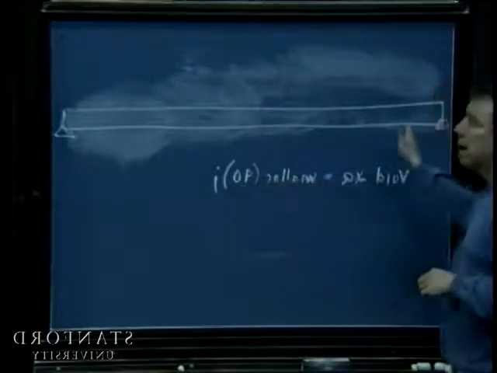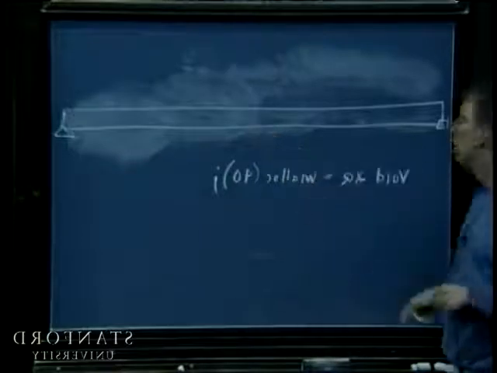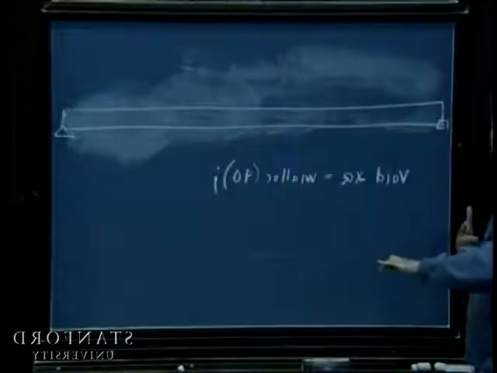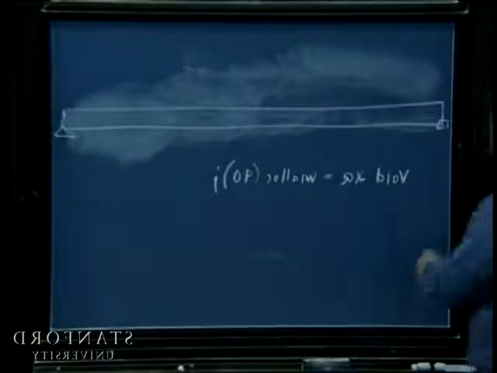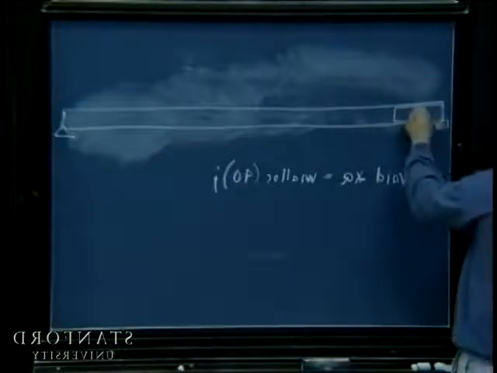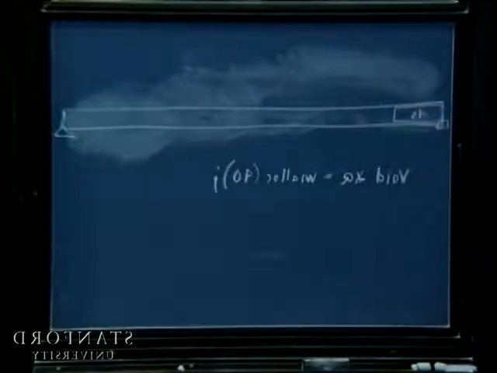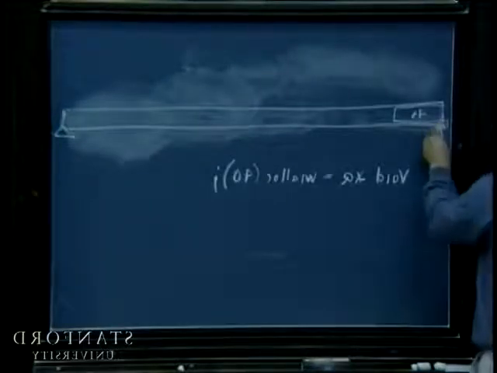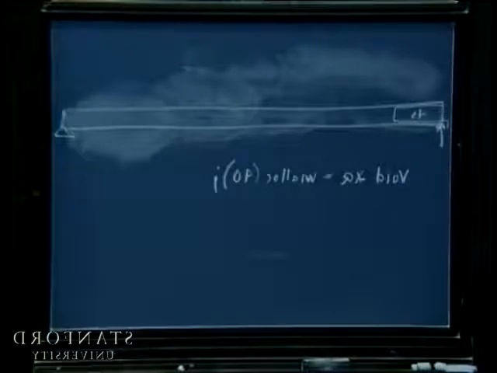And initially, since the entire heap is available, it'll do whatever accounting behind the scenes is necessary to clip off the first 40 bytes, record that it's in use somehow. We'll talk about that in more detail on Friday, and return the address of that right there. Does that make sense? Okay.